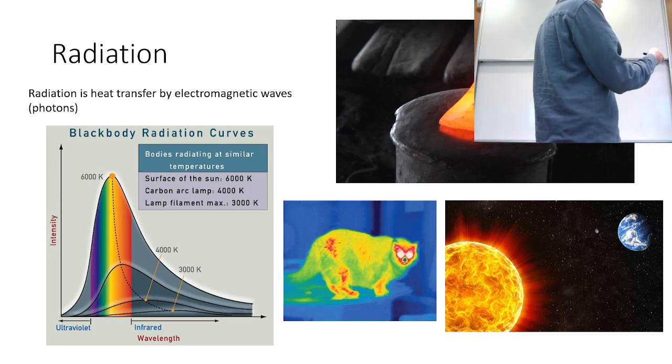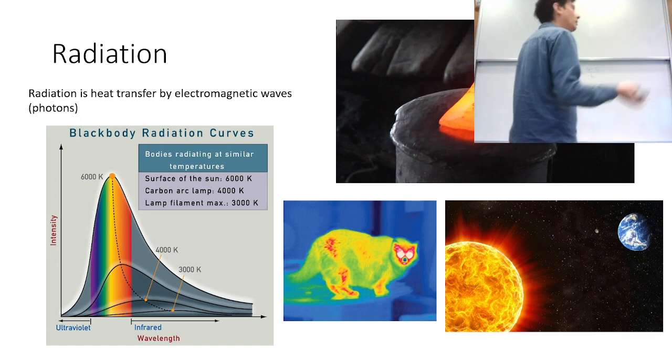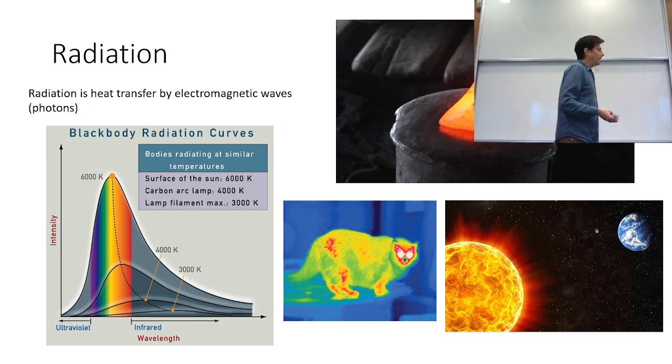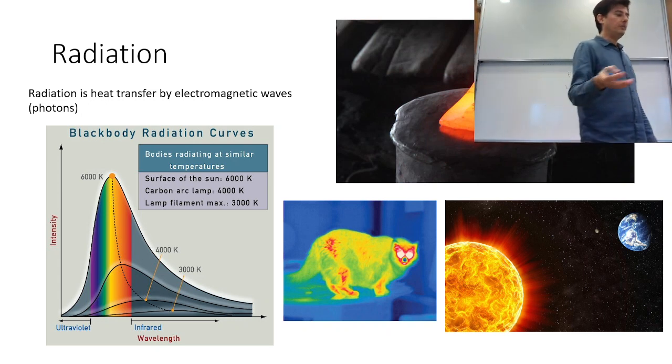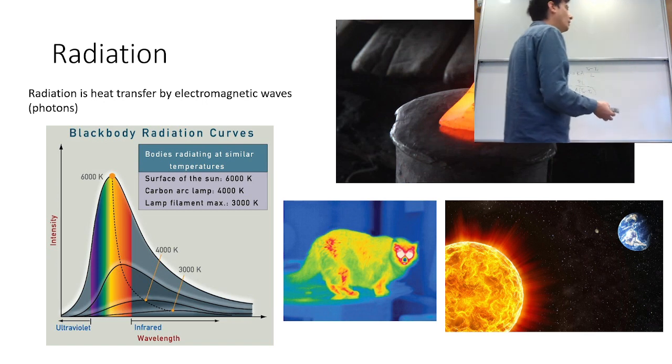But of course, if you heat up something very hot, we know it glows, right? Like if you heat up this bit of iron, then it glows red hot. And so we know that hot things glow.